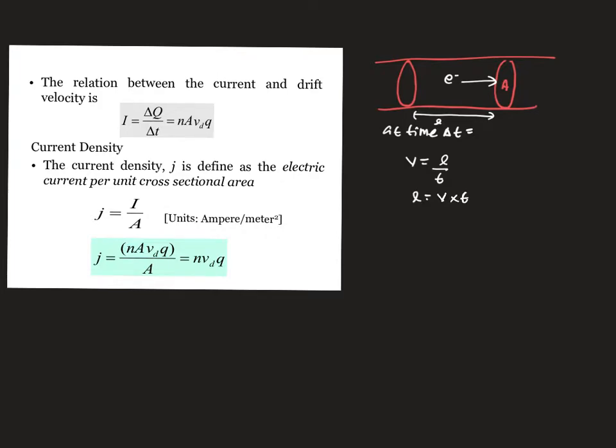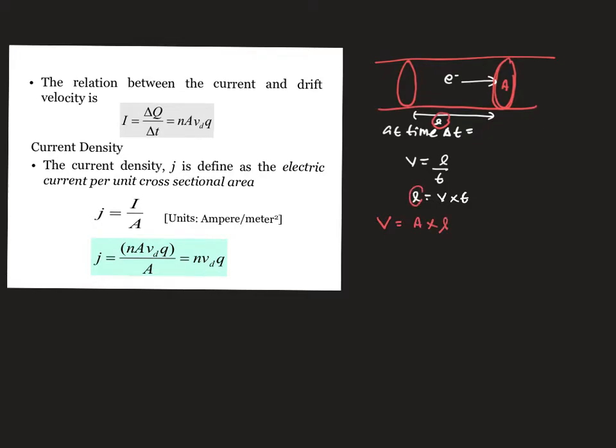As you can see, electrons are passing through a cross-sectional area, which means that area times length gives some volume, so electrons are going to pass through some volume of the wire. Volume equals area times length.